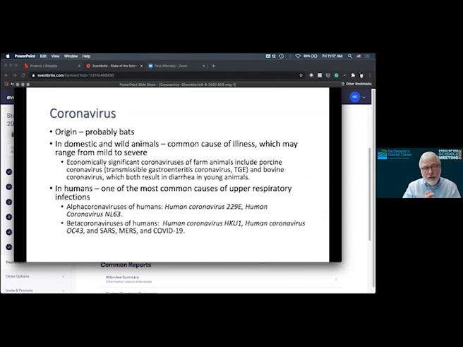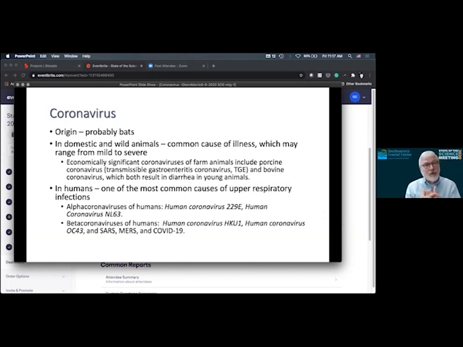So where do these things come from? Probably originally from bats. They're actually pretty common in bats. And in fact, as you all know, we have bat houses here on campus at University of Florida. And we've actually isolated coronaviruses from the bat houses, not the SARS-CoV-2 that causes COVID, but clearly bats are a carrier for this virus.